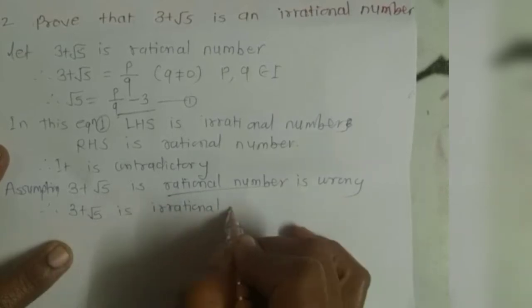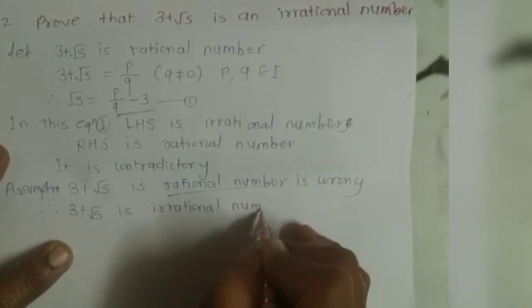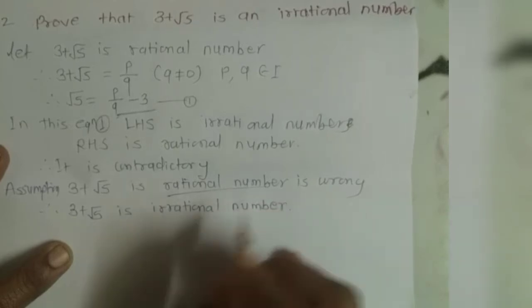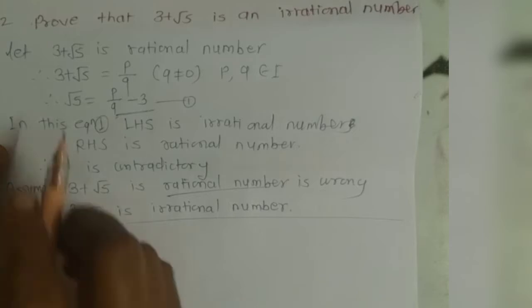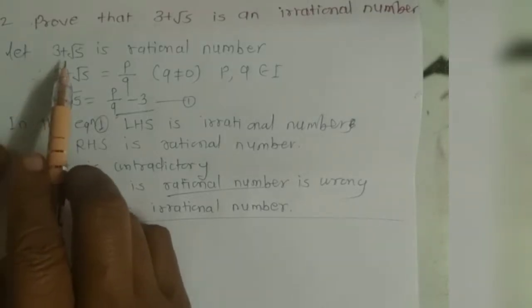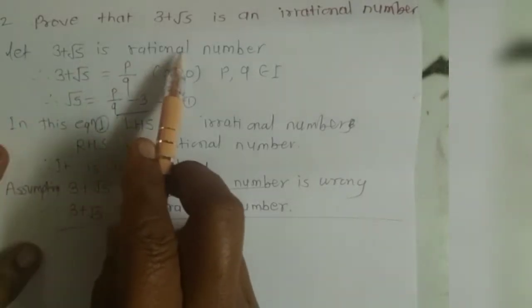Here we proved the statement by using the indirect proof method. Again see carefully. First we assume 3 plus root 5 is a rational number.